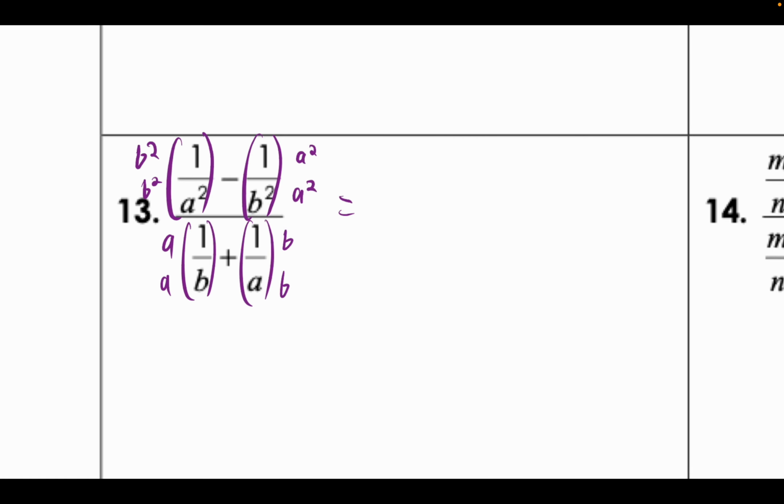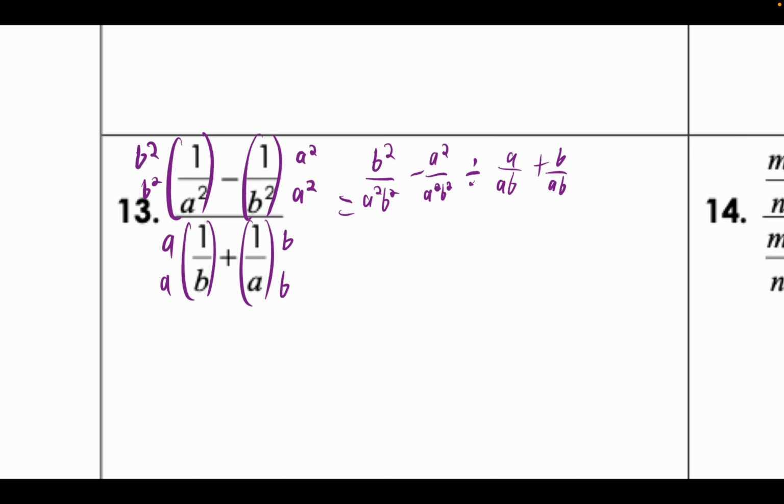So I'm going to have in my top fraction B squared over A squared B squared minus A squared over A squared B squared. And my second fraction, I will have A over AB plus B over AB.